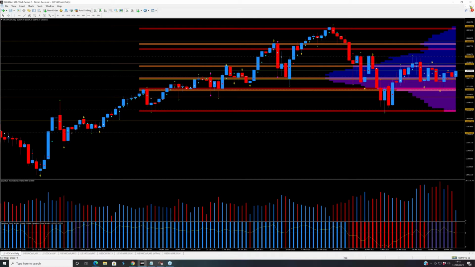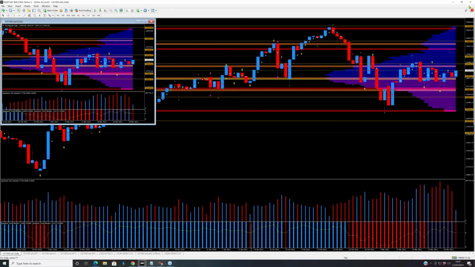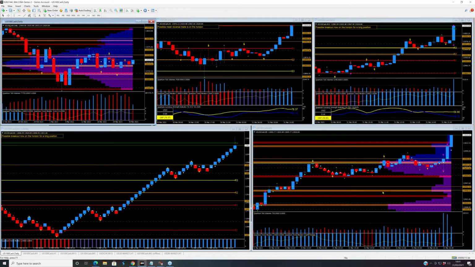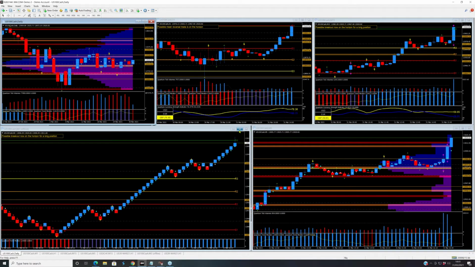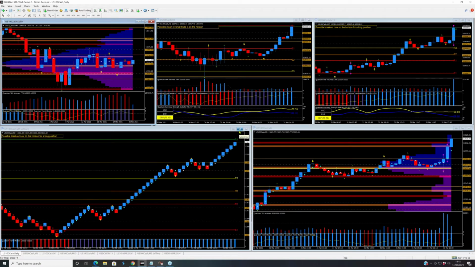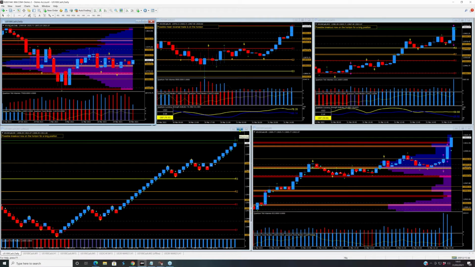So what's happening today? Is the market in a good mood? Well, it looks like it's moving away from the volume point of control. So we look at our faster time frames, which is what we're looking at for potential entries. And here there are two things. First of all, having a chart which is non-time based.